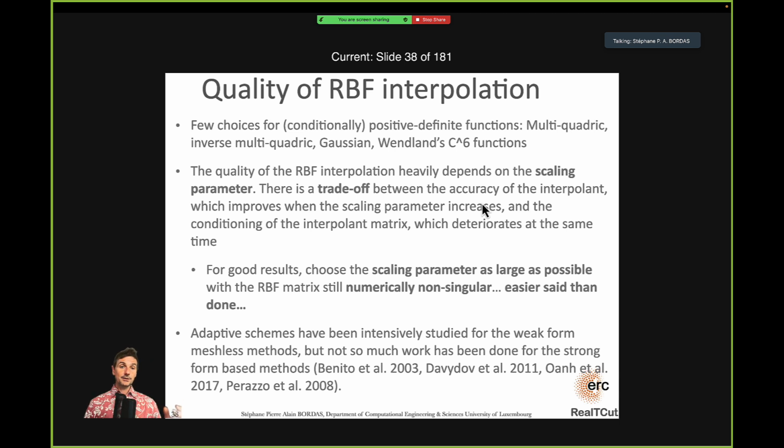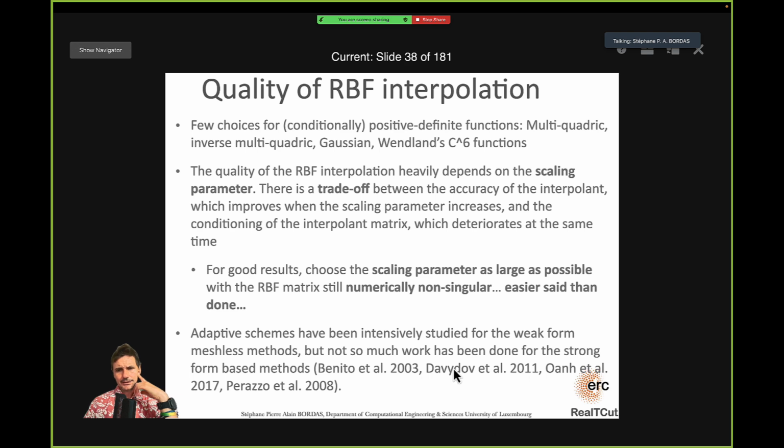But you also would like to have smooth solutions that are stable. So you would like a scaling parameter which is as large as possible, but still have a numerically non-singular RBF matrix. And that is the art.